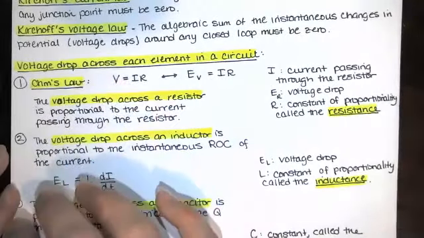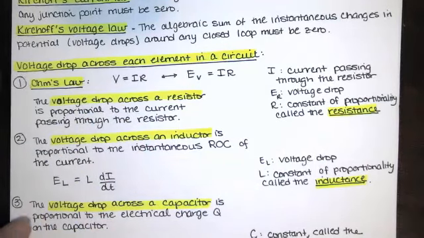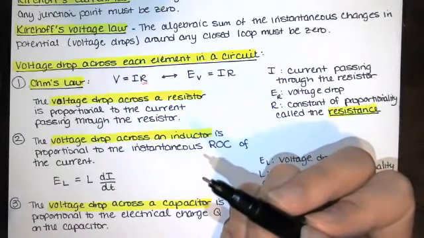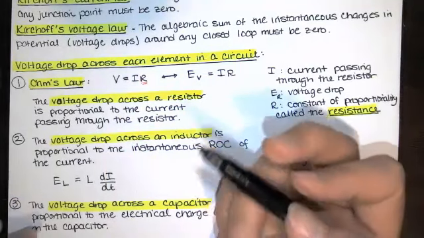So the first voltage drop is the voltage drop across a resistor. Ohm's law says that V equals IR. So the voltage drop across the resistor is proportional to the current passing through the resistor, and that constant of proportionality is a characteristic of the resistor, and we're calling that R. That's the resistance of the resistor.